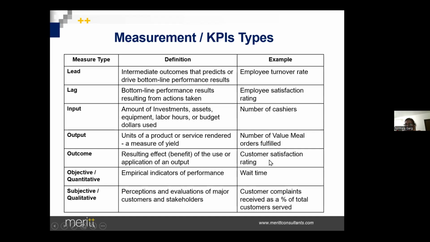When you do certain things, that is an outcome, and it can also be a lag indicator. Waiting time, is it objective, quantitative? A number can be customer complaints. Are they subjective or qualitative? Customer complaints are a qualitative thing.